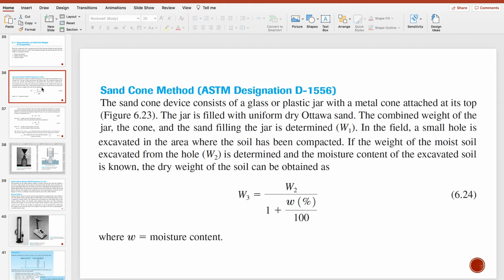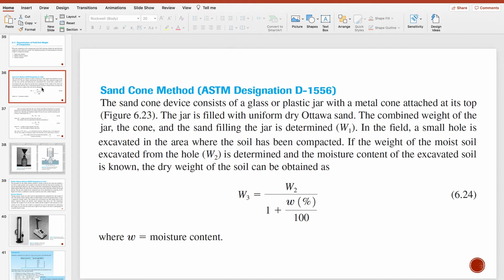So here in the sand cone method, you have a plastic jar or a glass jar and may naka-attach na metal on top. Then, it is being filled with uniform dry Ottawa sand. Okay, so i-determine natin yung combined weight ng jar without the Ottawa sand, the combined weight of the jar with the Ottawa sand.